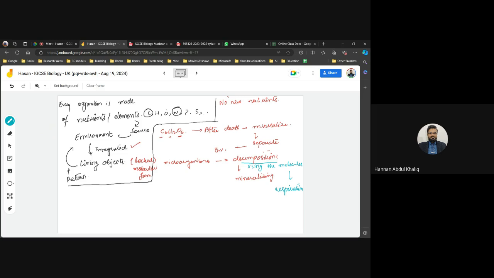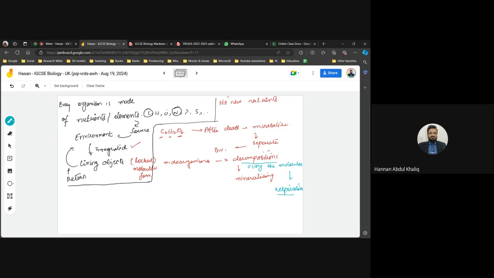Why is it decomposing it? Remember, the fungus doesn't know what good it is doing to the environment. It is very important to mention here. Fungus only knows that it needs the molecules for respiration or protein formation.